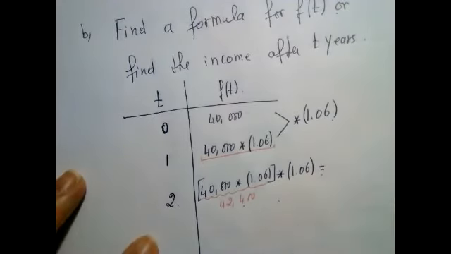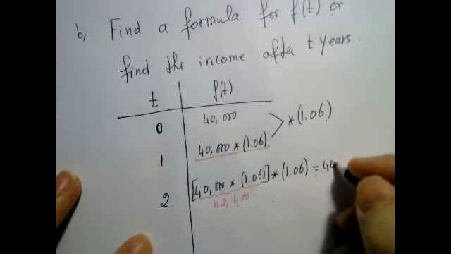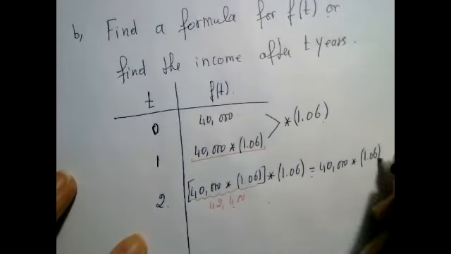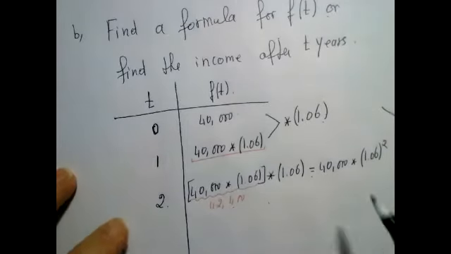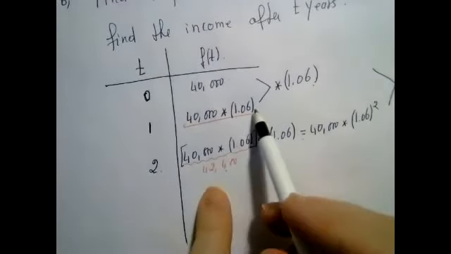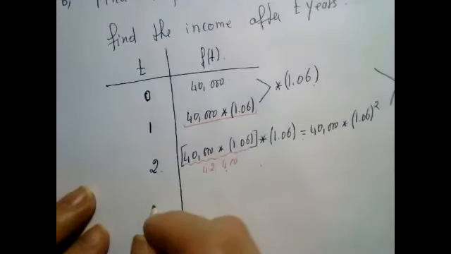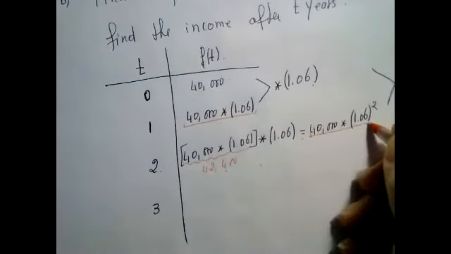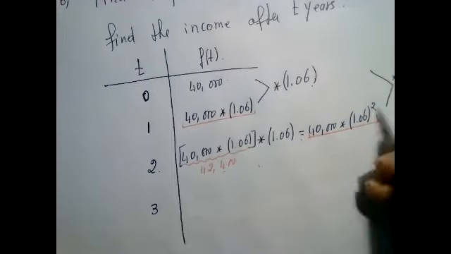And how much is he going to be making after 2 years? This is going to give me the 40,000 times 1.06 to the power 2. So again, I'm multiplying by 1.06. What he made the previous year, I multiply by another 1.06, it gives me the 2. Now, after 3 years, how much will he be making? One more year, I need to multiply by another 1.06.